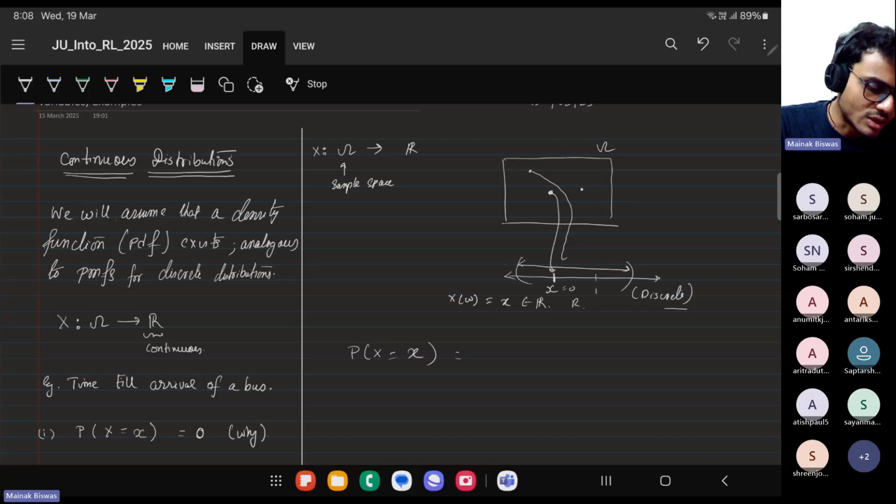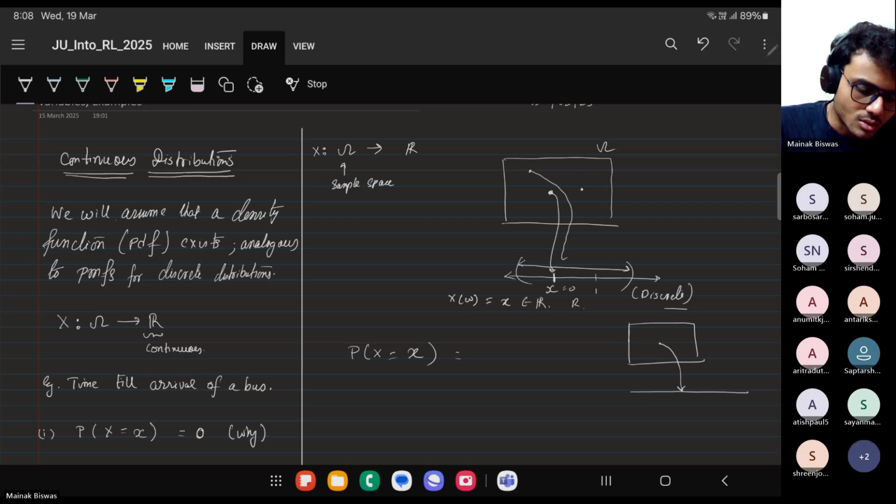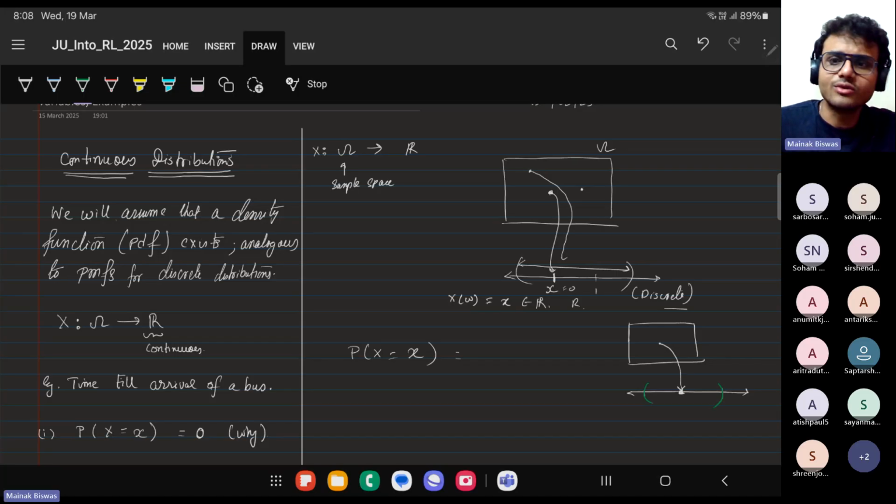Say you have a continuous random variable, so just being equal to a number, intuitively, what is it going to be? If I'm given a scale between 0 and 1, and I'm telling you to randomly select one number between 0 and 1, what is the probability that you'll get exactly 0.555?